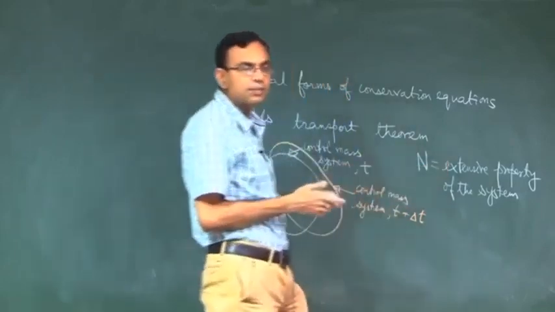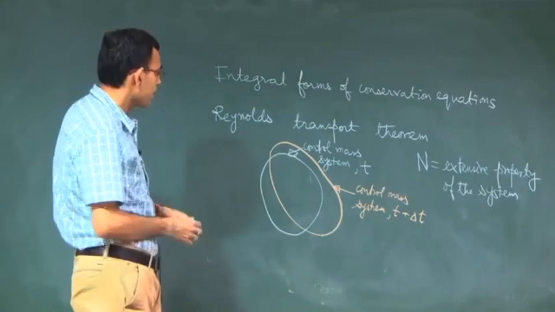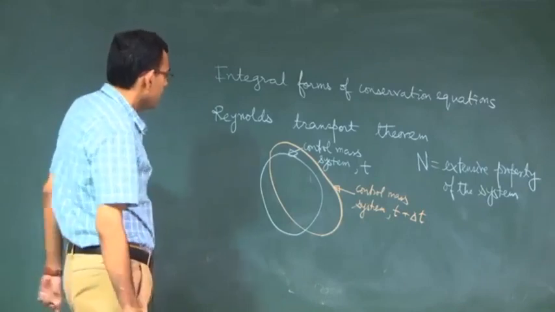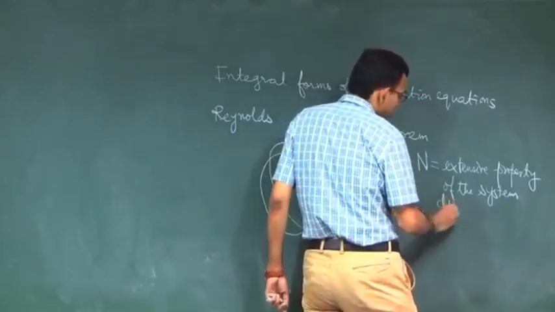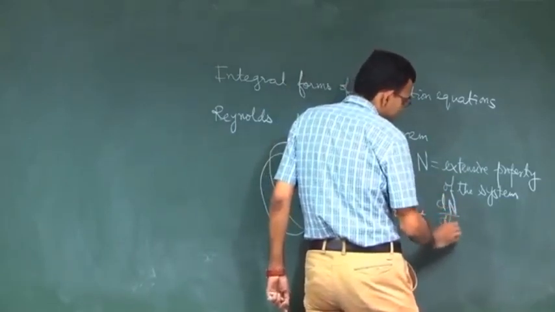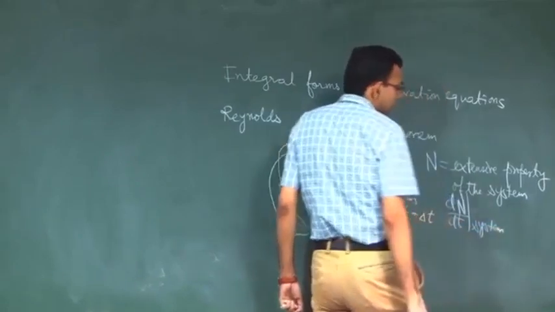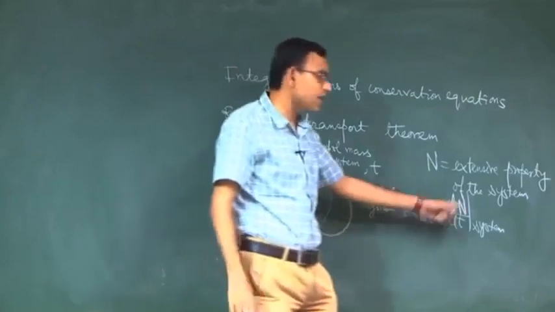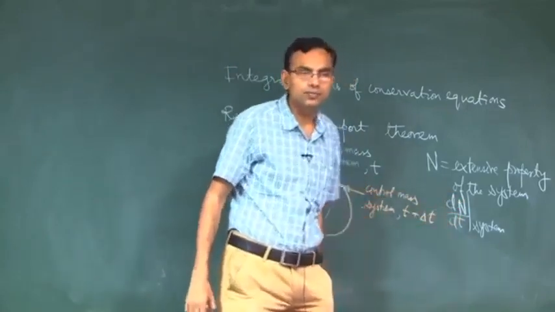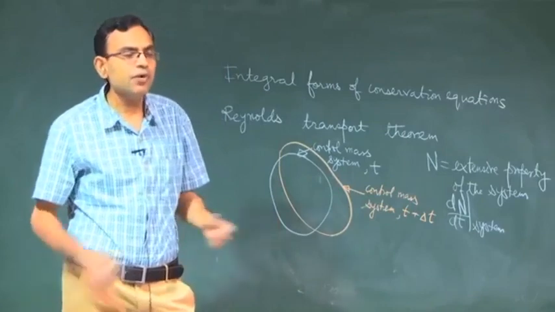It need not necessarily be a scalar, it is just defined as a property. Our objective is to find out what is dN/dt for the system by expressing it in terms of the corresponding change with respect to the control volume. And this objective is very much straightforward.